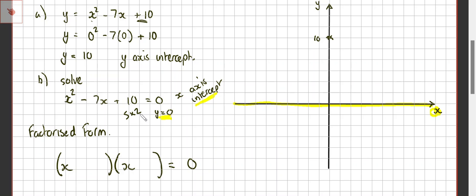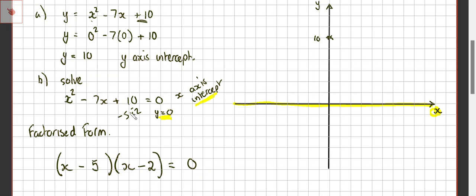5 times 2. This is negative, but this is positive, which means both must be negative. So I know it must be negative and negative. Do 5 and 2 add to make 7? Yeah. So this would be minus 5, minus another 2, makes minus 7. So negative 5 times negative 2 is?